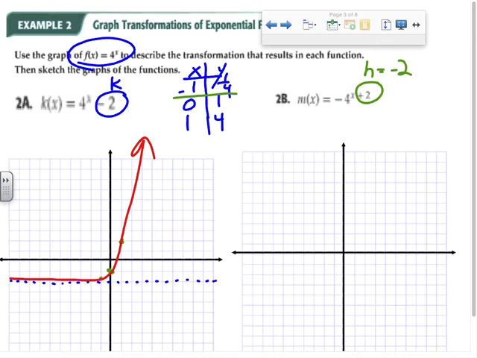When I take the (-1, 1/4) and reflect it over the x-axis, it would be here, approximately. But then because of my h value, I'm going to take that and move it 2 spaces to the left. So now it's here.